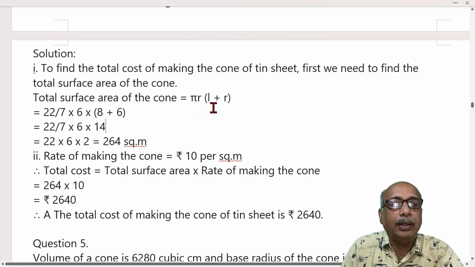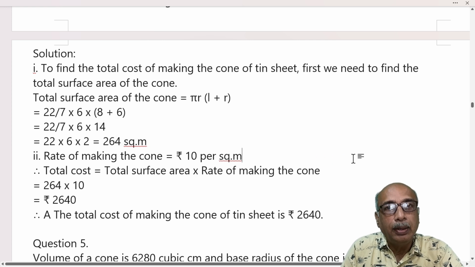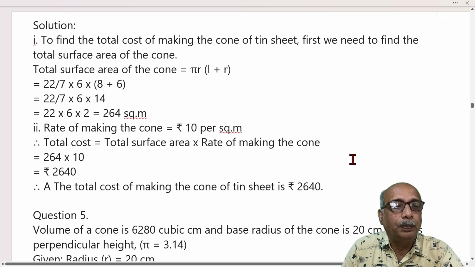Therefore, pi r into (l plus r) is the formula to calculate the cone total surface area. So 22 by 7 into 6 into (8 plus 6), substitute the values and calculate. You will get 264 square meter. This is the sheet required.